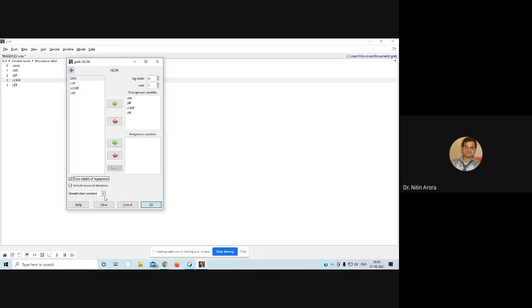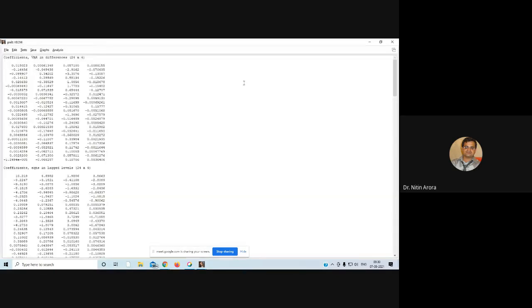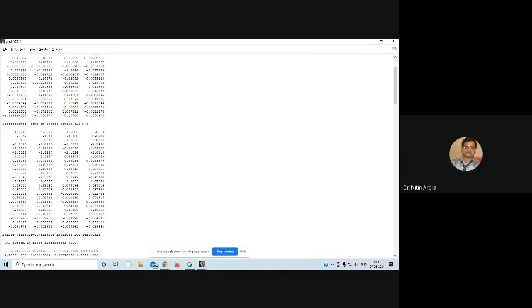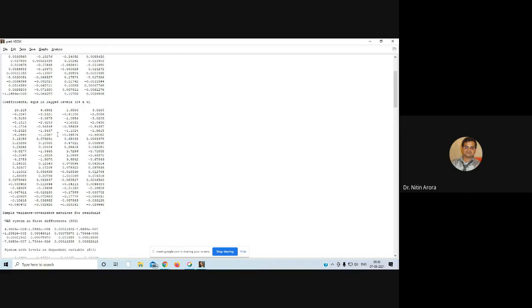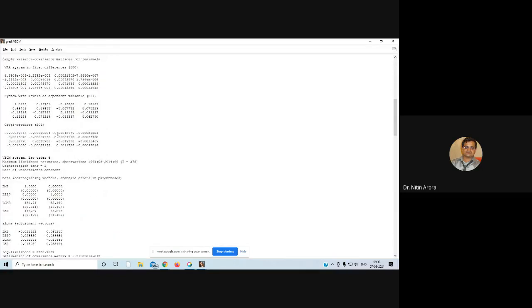Unrestricted constant has already been included. So that is the final model. Click OK. So these are the coefficients of VAR and differences, equations in lag levels, VAR system in first difference with levels.